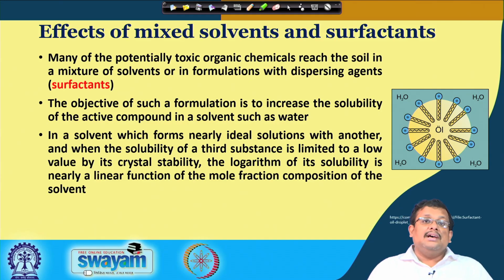So, that is why they can move in the water from one place to another. Now, the objective of such a formulation is to increase the solubility. Why do we use the dispersing agent? To increase the solubility of the active compound in a solvent such as water.